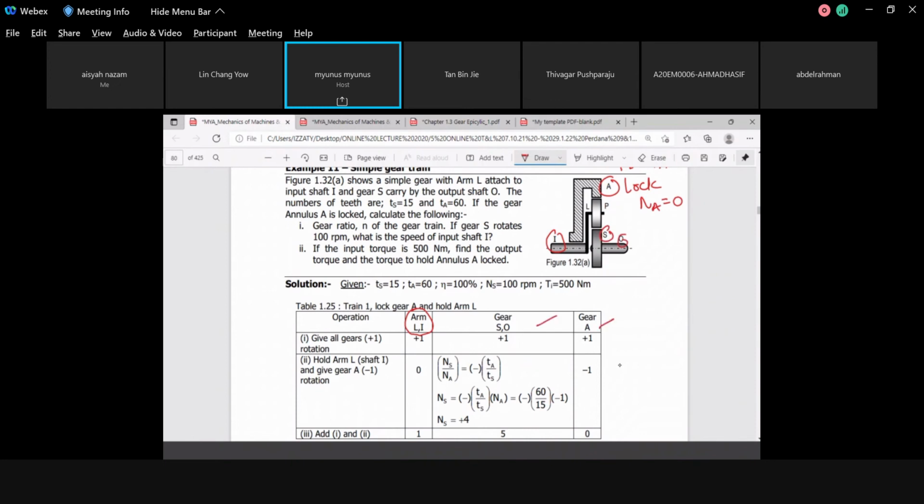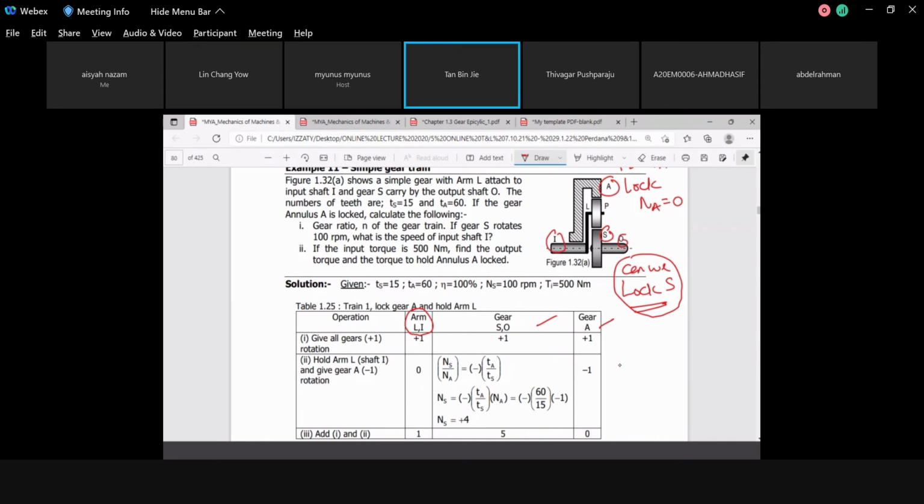Hold arm and give A -1. Can you give S? You have to try on your own. Now I ask you, can you lock S, class? Can we lock S or not? No, doctor.